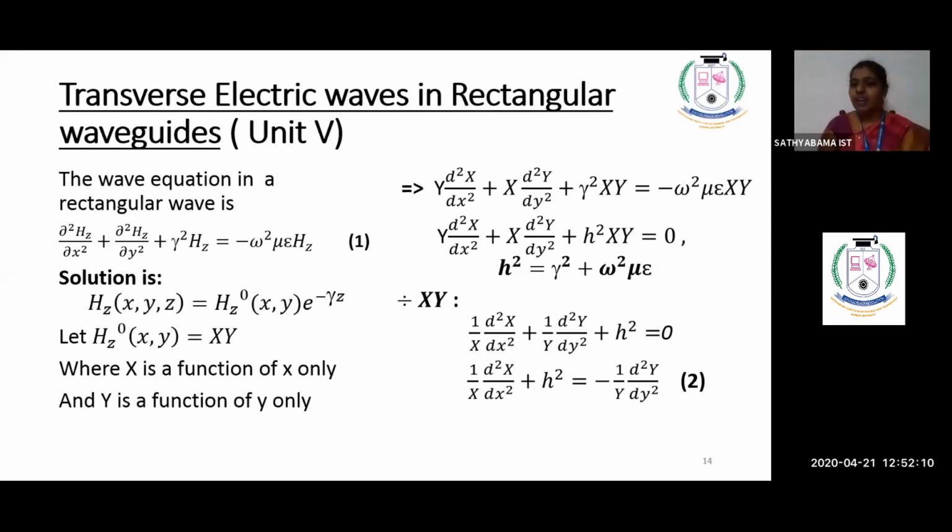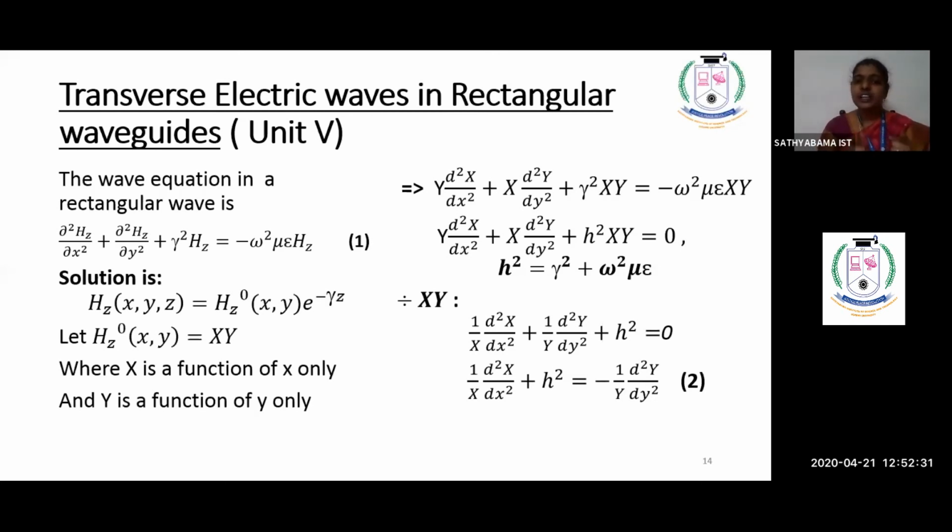So now in that wave equation, you start solving, you will be able to get what are the various components existing for your rectangular waveguide. So here if you see, the two varying directions are x and y direction. Just come along with me with one line.